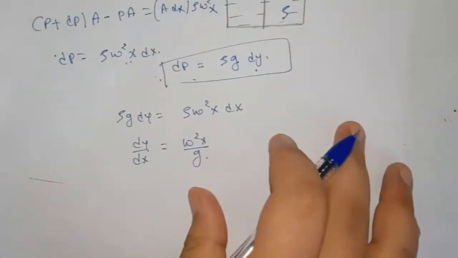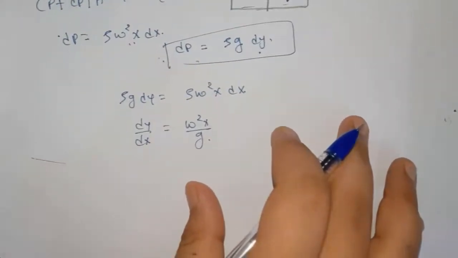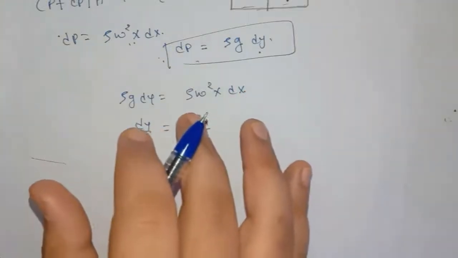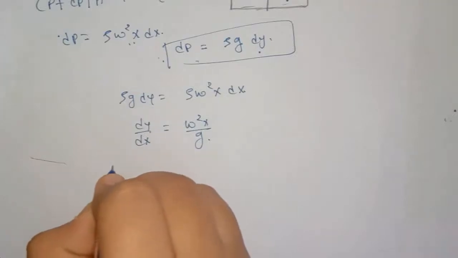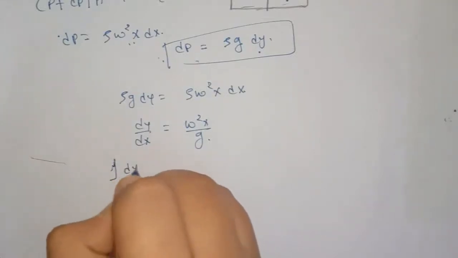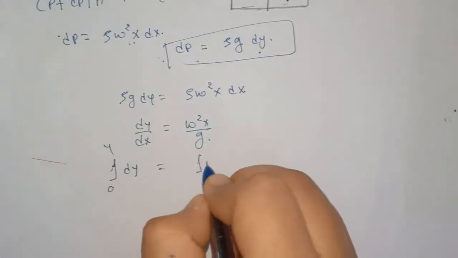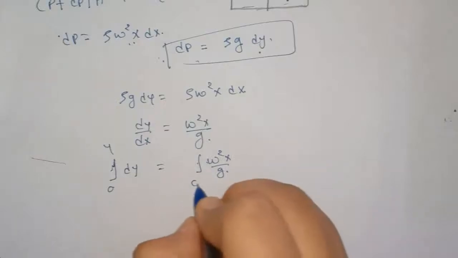The slope of the free surface of liquid increases with distance from axis. So taking origin at free surface and integrating both sides, we can write integration of dy with limits from 0 to y is equal to integration of omega square x upon g with limits from 0 to x.